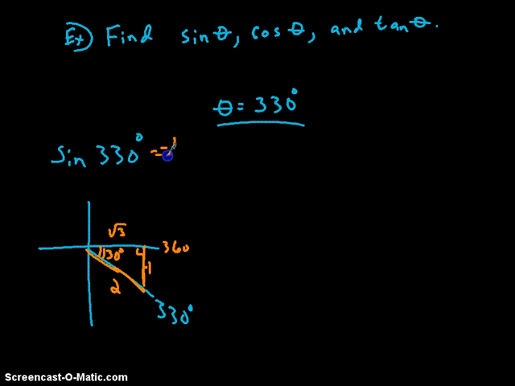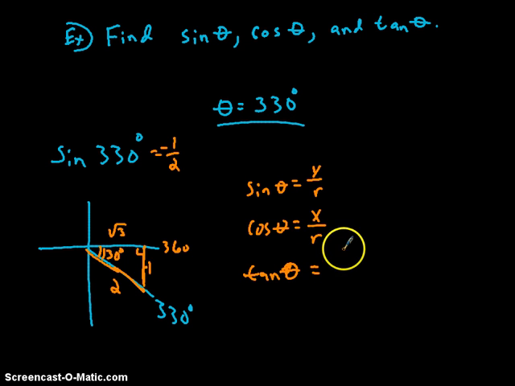So -1 over 2. There are some other things we can use to find sine too. If you remember from previous videos, we knew the sine of any angle was equal to the y value over r. We knew the cosine of any angle was equal to the x value over r, and tangent of any angle was equal to y over x.